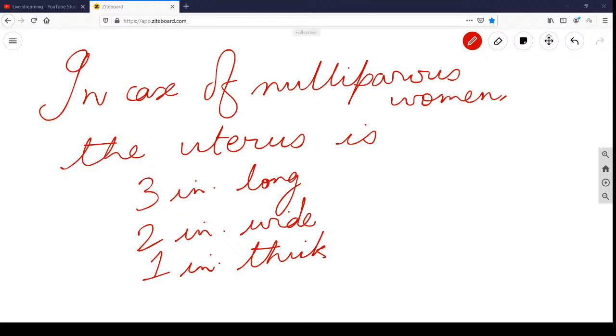If you have studied the entire peritoneum in detail, like what the omentum is and what mesentery means, then you will know it.